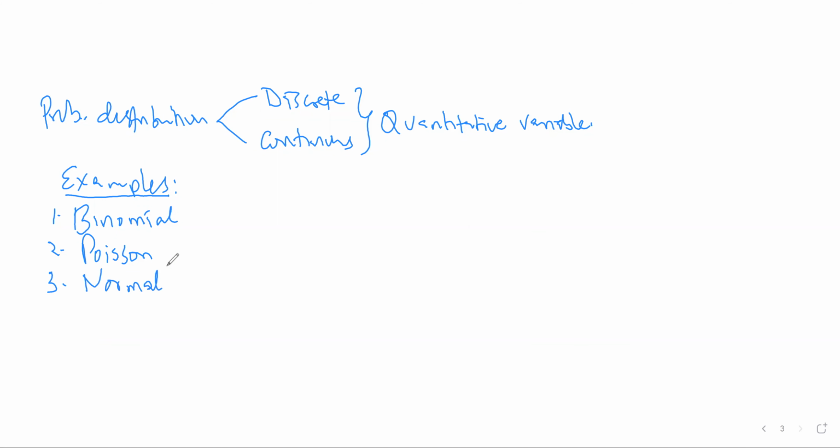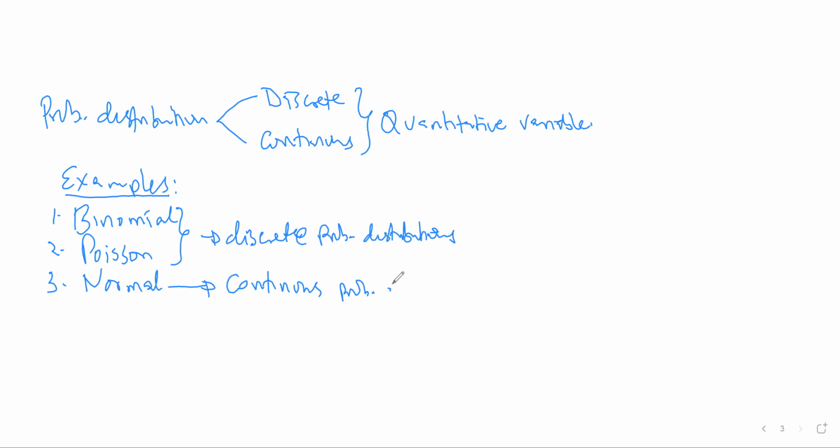There are many others, but in this course we are only interested in these three. These two are discrete probability distributions, and this one, one of the most important probability distributions, is continuous.